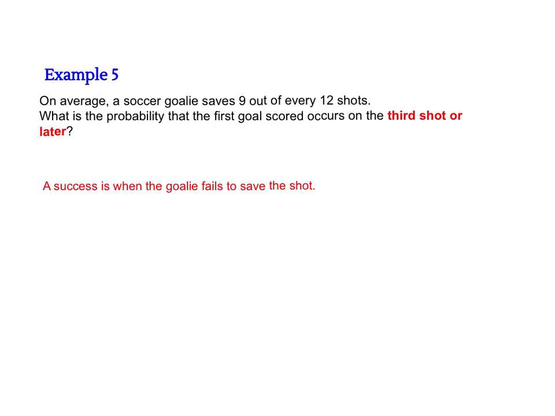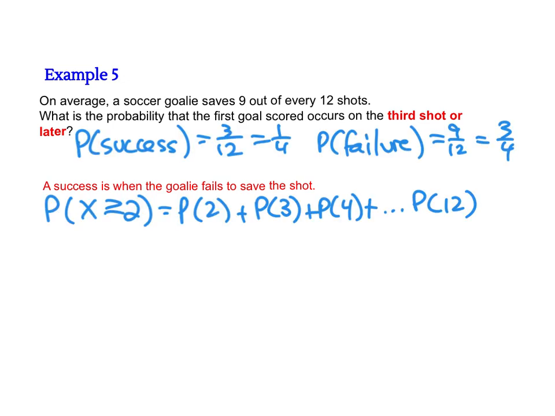So if it's the 3rd shot or later, we want to know the probability of the first goal being scored on the 3rd shot or later. Remember, this is the probability of having to wait at least 2 shots for a goal to occur. Here's one of those times when it's a lot easier to use the indirect method rather than add up the probabilities for 2, 3, 4, 5 and so on.